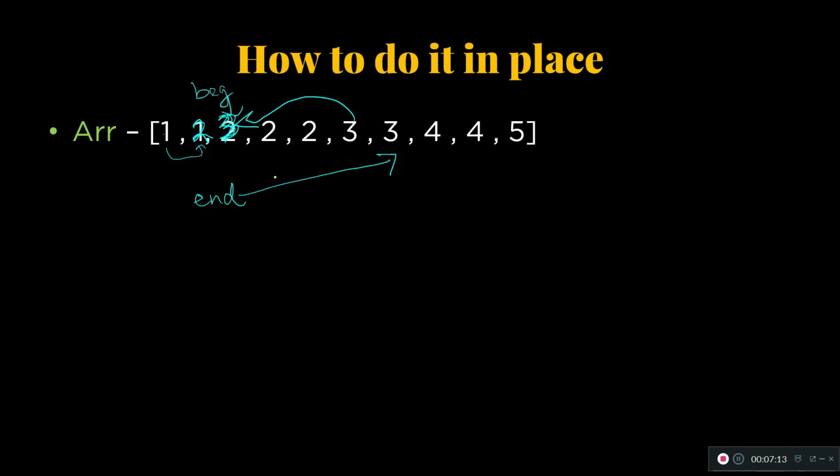Since both these elements are same, we move the end to here. So now these two elements are not equal, so we increment the beginning pointer to this place. Okay, and we copy this element here, so this becomes 4.